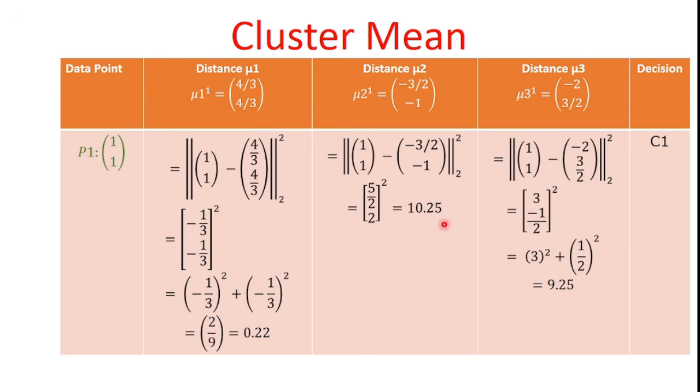Out of these three values, 10.25, 9.25 and 0.22, this data point 1 belongs to mu1, that is cluster 1. Why? 0.22 is less compared with 10.25 and 9.25. So this data point 1 belongs to C1. That's the decision or assignment we have made at this particular point.